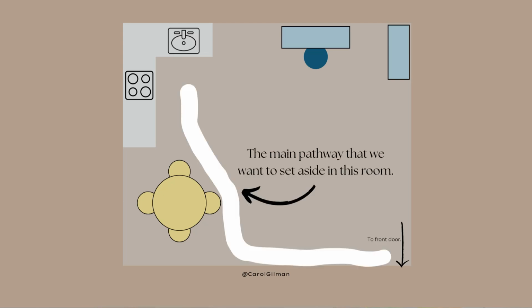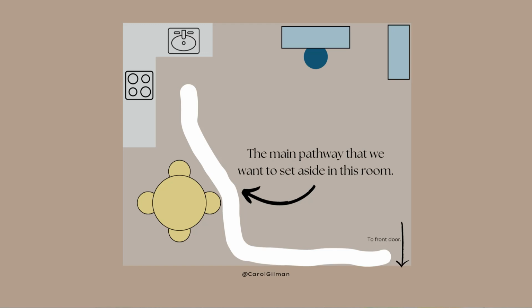Because the ideal situation is we don't have a main pathway that goes right through the middle of our conversation area. We want to make sure we can get into our conversation area, a pathway to get in, and areas to be able to move around in our conversation area. But we don't want to place our conversation area in the middle of a main pathway. So that's the first thing to think about.